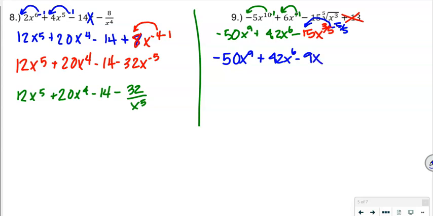And then this is going to be x to the negative 2/5, right? Okay, so where's that going? So once again, it's going to go to the denominator, right? So let me go red here. So this is negative 50x to the 9th plus 42x to the 6th minus 9. And this time, again, we're taking the 5th root of x squared, and it goes to the bottom.